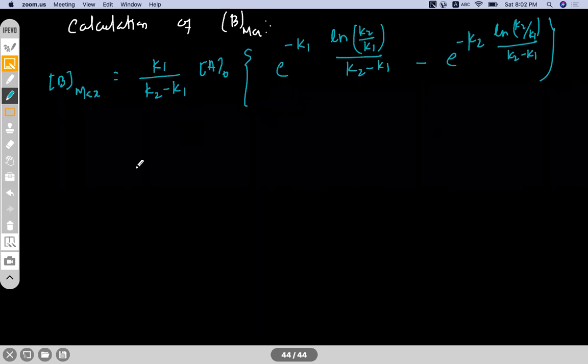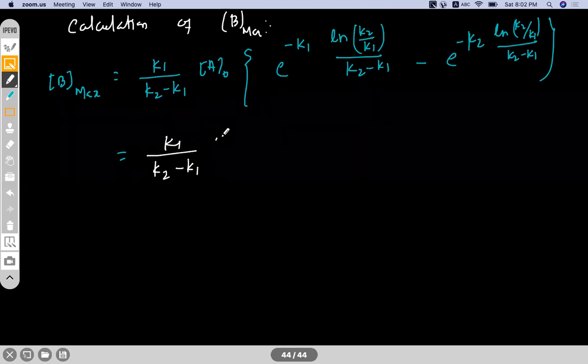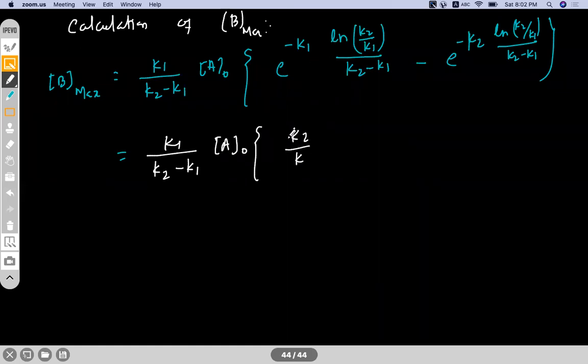Now, Siddharth, did you get the expression? Can I write this as K2 by K1 to the power minus K1 by K2 minus K1? Is it fine?